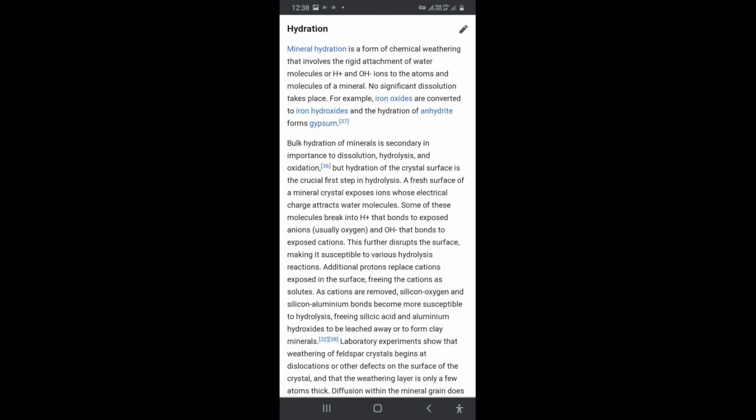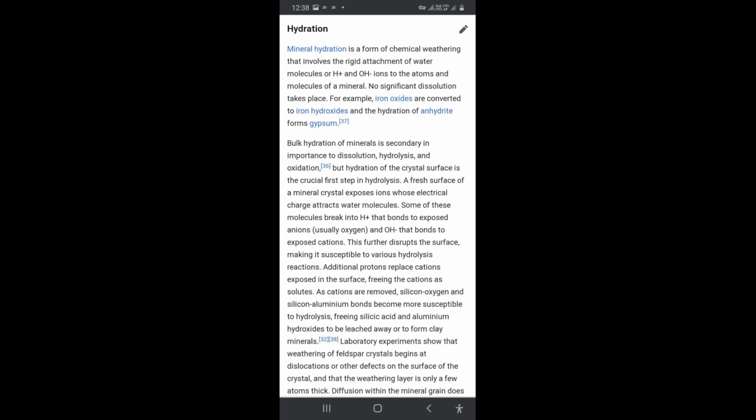H plus ions are released at the roots of the plants during their growth and metabolism. These ions are capable of replacing potassium, calcium and magnesium ions from the minerals. This is how these minerals are absorbed by the roots of the plants.